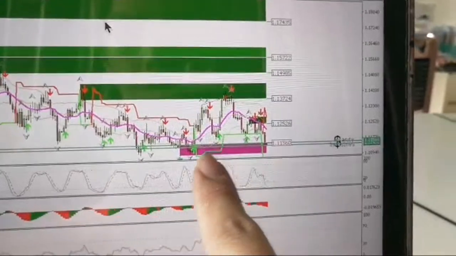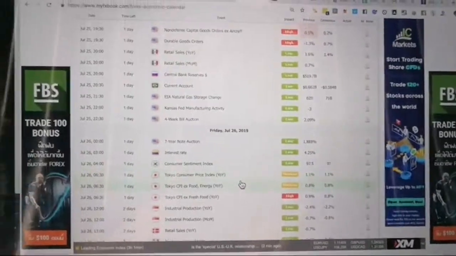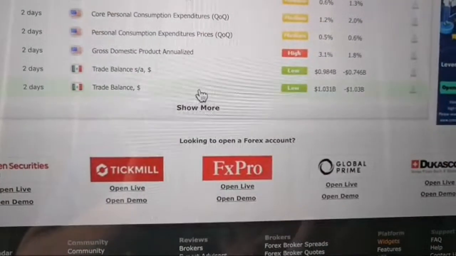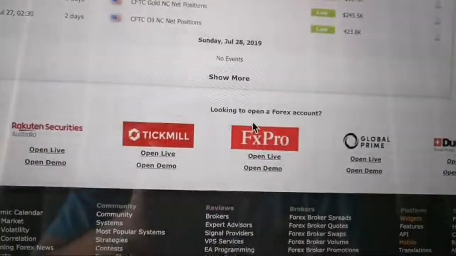Simultaneously, if it should break lower than here, there are a couple of things to look out for. Like I said, there are the events. There are a couple of ECB events here, and even next week there's going to be FOMC.